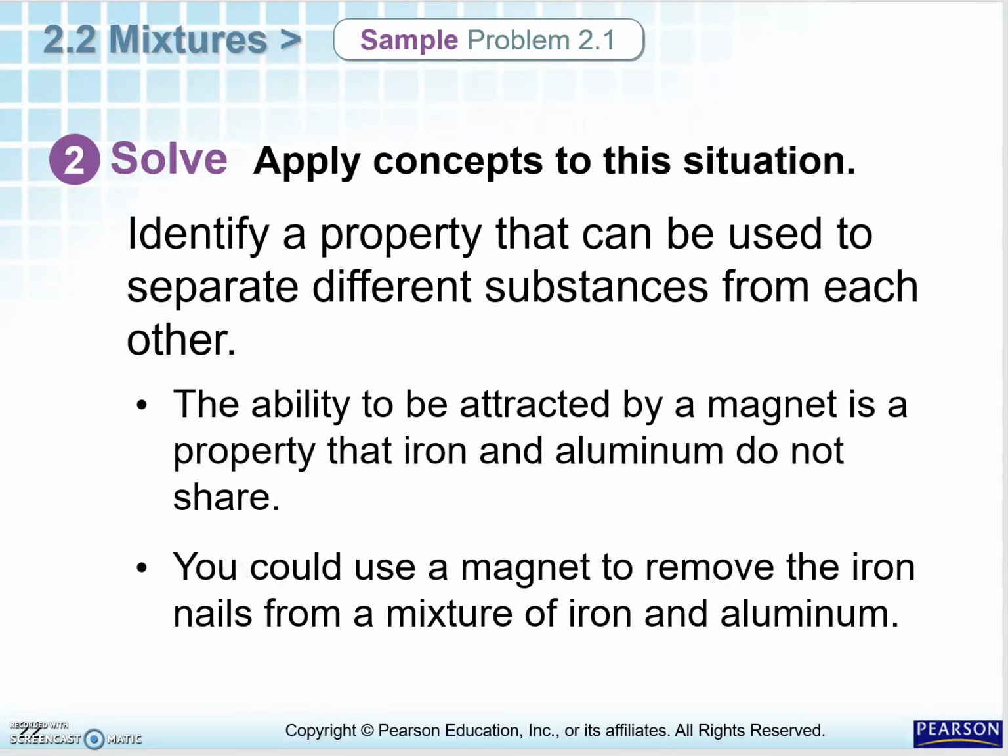So that ability to be attracted by a magnet is a property that iron has and aluminum does not. So you could easily separate that mixture through the magnet, removing the iron nails from the mixture of aluminum. So this takes the properties of the mixture and is allowing us to filter out the nails that you want versus the other nails that you may need in a different spot.